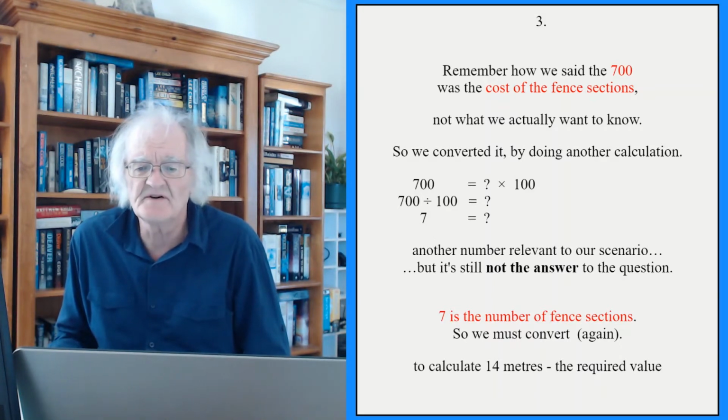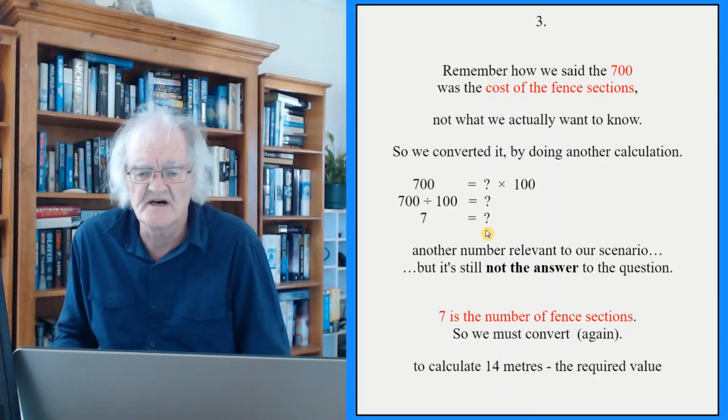So we converted it by doing another calculation. It was 700 is a missing quantity times 100. $700, $100. So that means the missing quantity is 7.